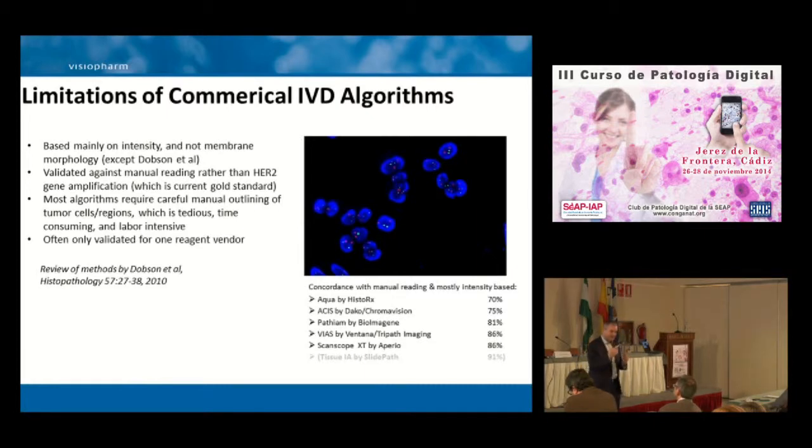We wanted to understand what role membrane morphology versus intensity plays, and intensity is a big problem because it changes constantly from scanner to scanner, from day to day. So we wanted to know if we could limit that influence of intensity variability. And we wanted to have an algorithm that worked across all the different reagent vendors.